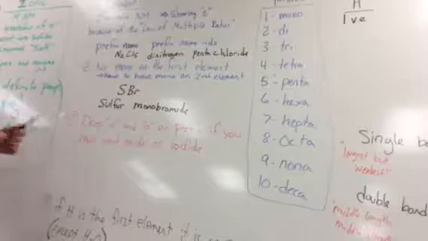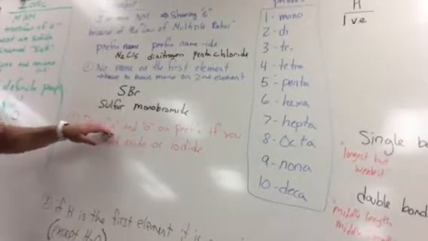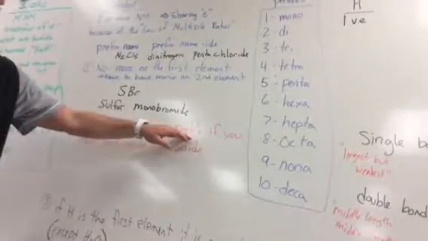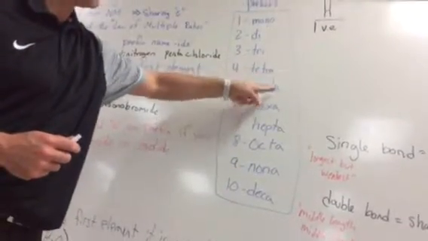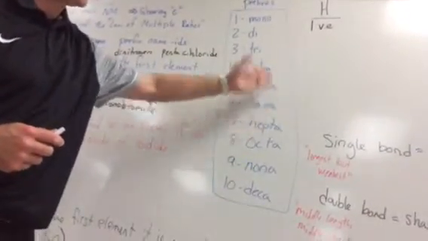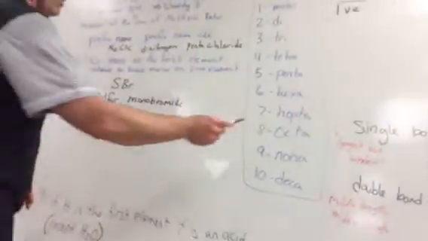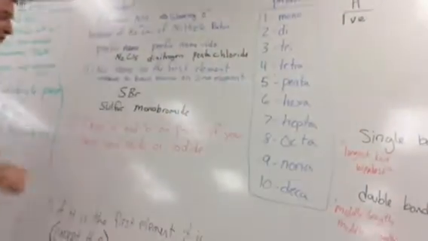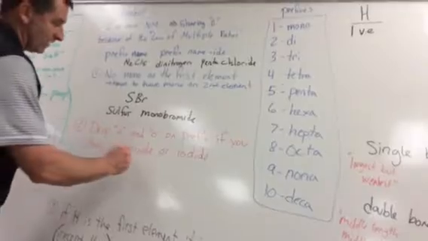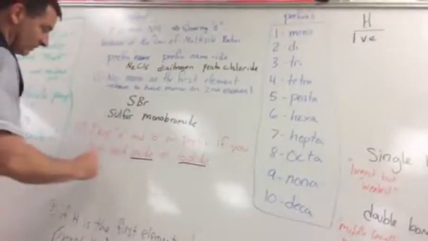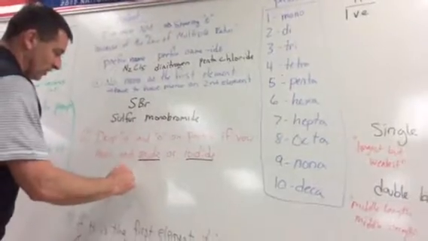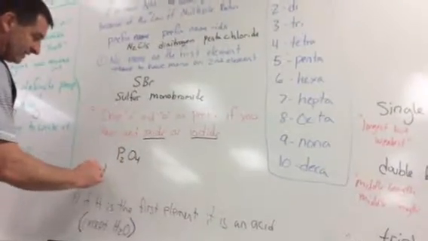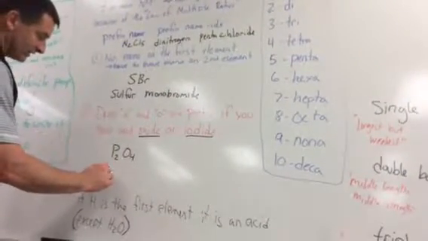Now, the other rule that you have to look out for is dropping the A and the O on the prefix. So like how it's the A's and the O's, like tetra, penta, hexa, you drop that A on the end. You would drop O from mono if you're using oxides or iodides. All right, so if I have something like P2O4, that's going to be diphosphorus.